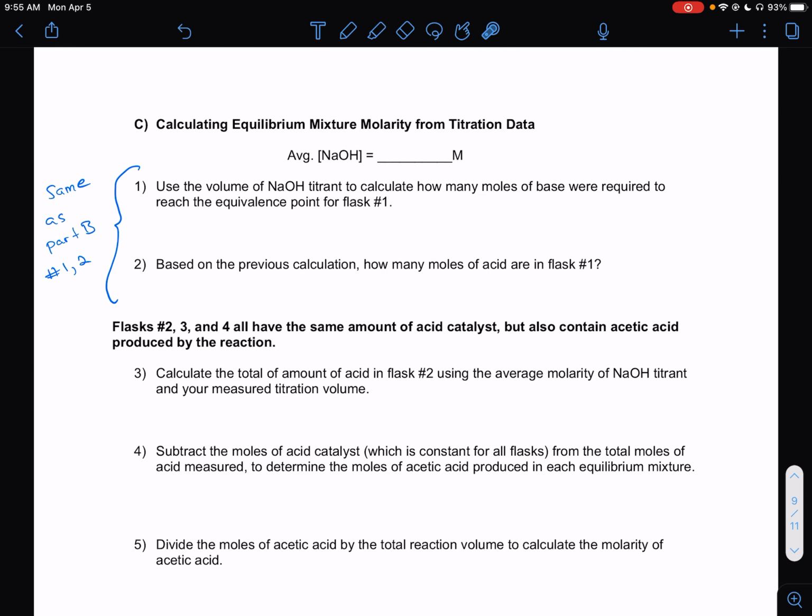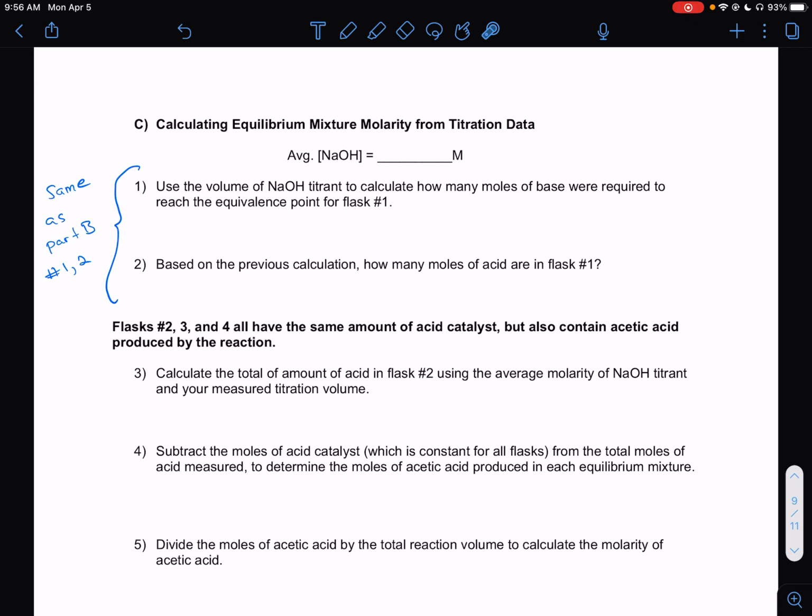What we're now going to be doing is figuring out how much acid was in each of the flasks from our titration data. And remember, the total acid in each flask is HCl and acetic acid. So it's got the acid catalyst and acetic acid. You always added the same amount of catalyst. So this answer here is the same amount of moles of HCl that would be in flasks 2, 3, and 4.